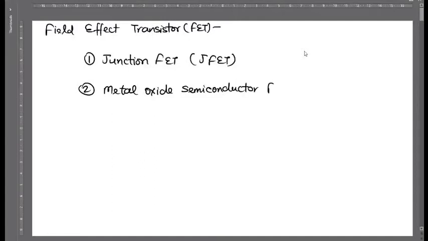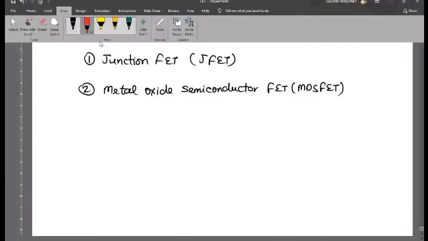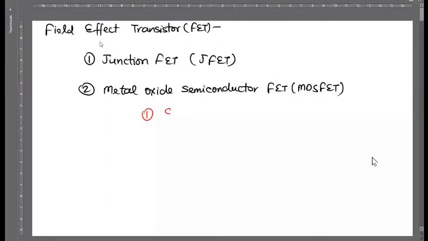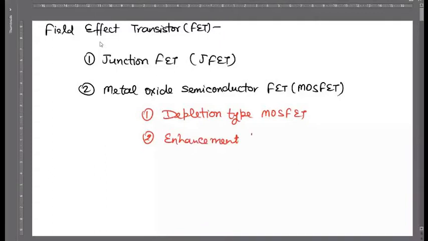This is called MOSFET. And this MOSFET can further be categorized into two parts: depletion type MOSFET and enhancement type MOSFET.